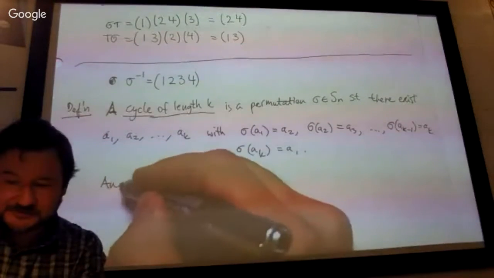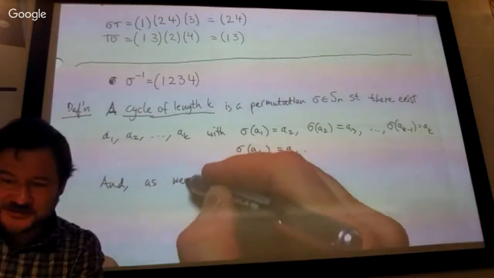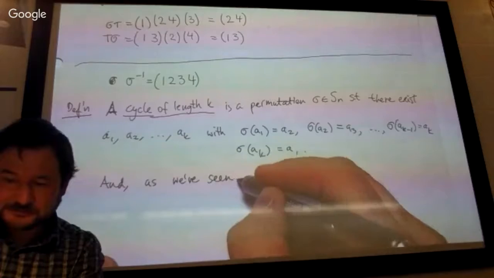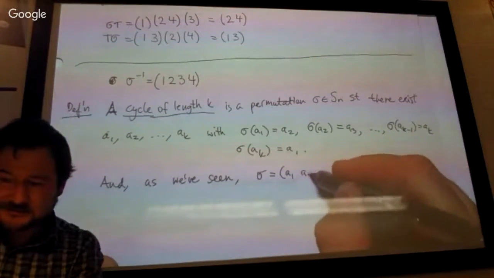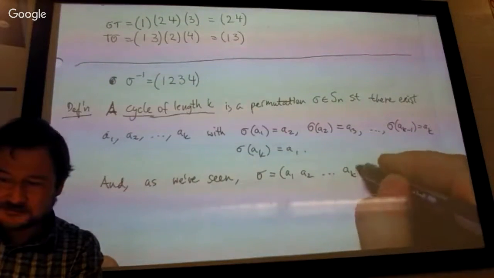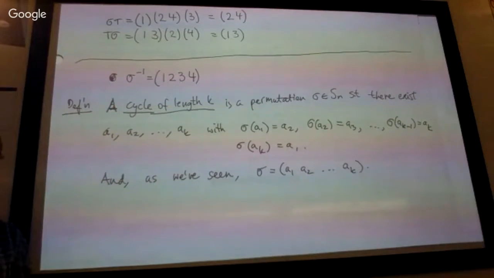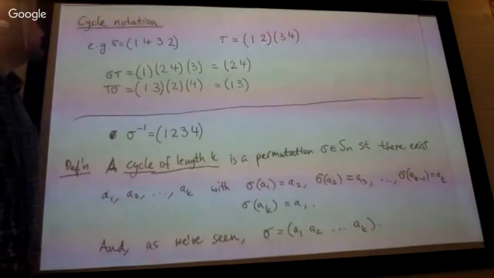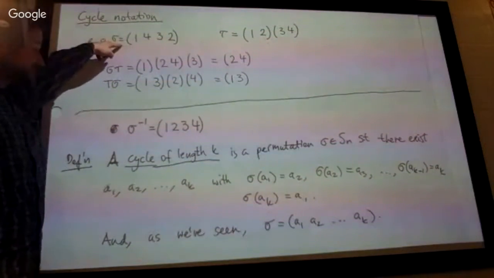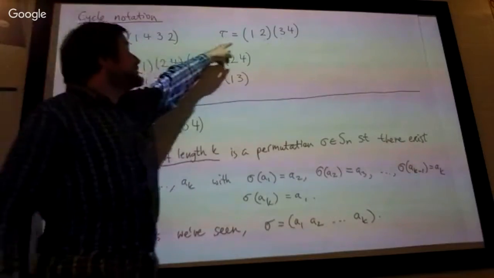And as we've just seen, sigma is then denoted like this. Okay? That's just the definition of the cycle. So not every permutation is a cycle, but this one is a cycle, whereas this one is not a cycle.